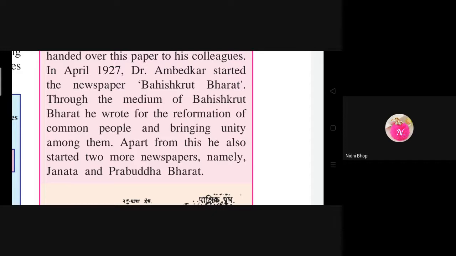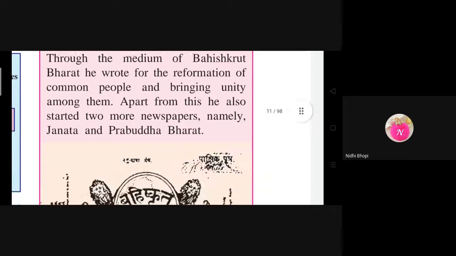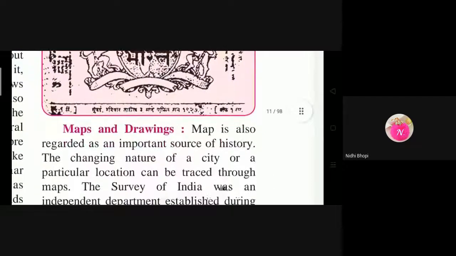Through the medium of Bahishkrut Bharat he wrote for the reformation of common people and to bring unity among them. Apart from this, he also started two more newspapers, namely Janta and Prabuddha Bharat.